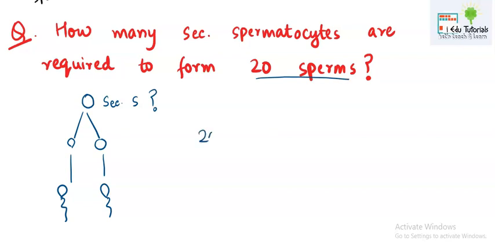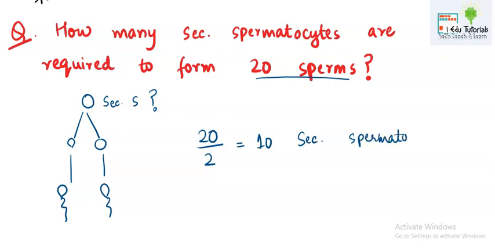So we just need to divide this value 20 by 2, because one secondary spermatocyte is giving birth to two sperms. So 20 sperms will be produced by exactly half the number of secondary spermatocytes. That is why I have divided the given value 20 by 2, and it gives me 10 secondary spermatocytes.